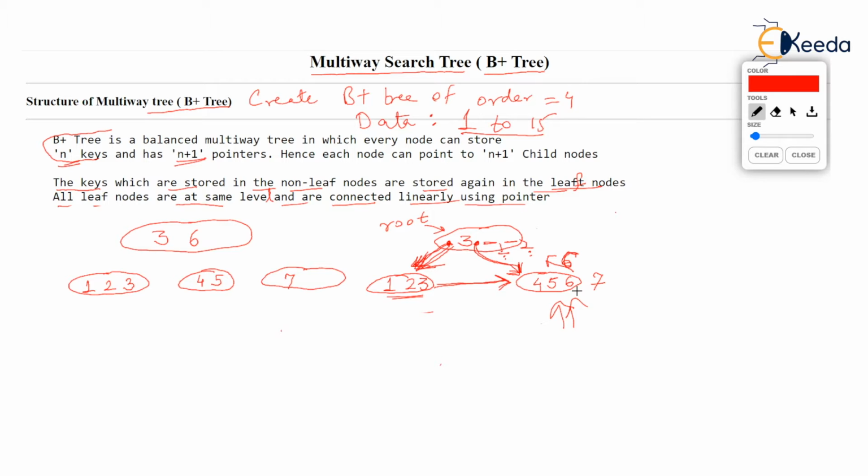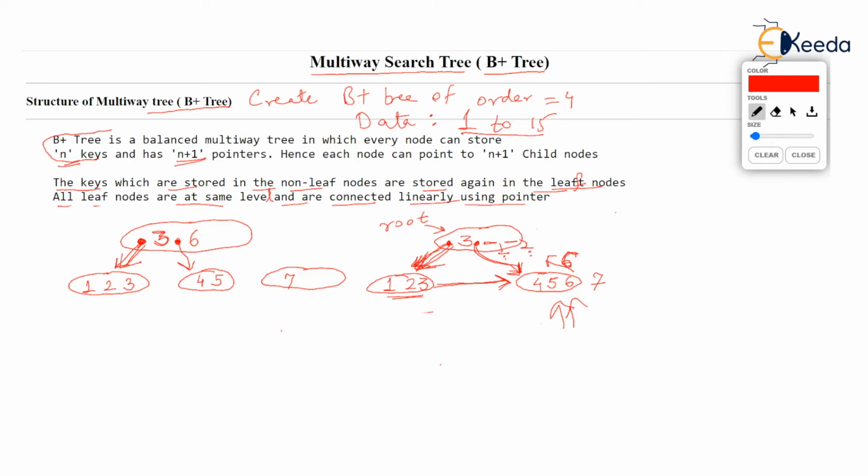Now what about the pointers? The root node has 3, and the left pointer of 3 will point to 1, 2, 3. Check that all values less than or equal to 3 are to the left of 3. I guess you are following it. And what about the pointer in between 3 and 6, that is right of 3 and left of 6? It will point to 4, 5.